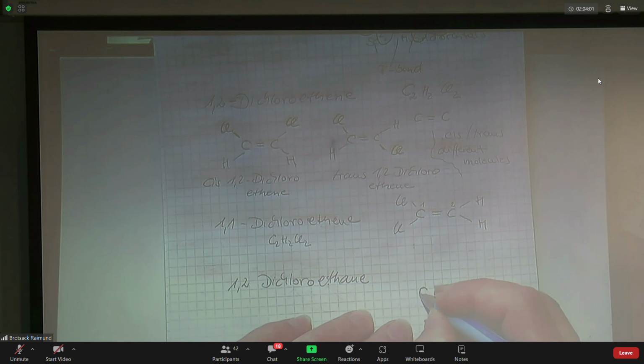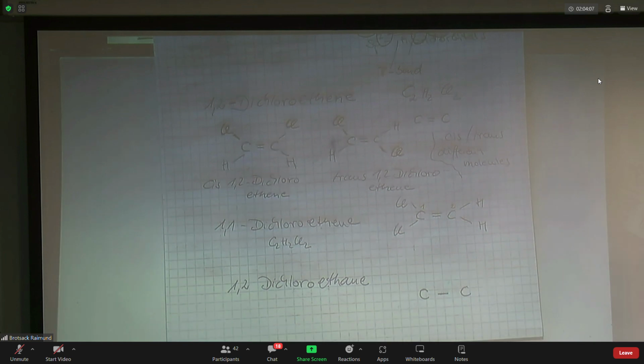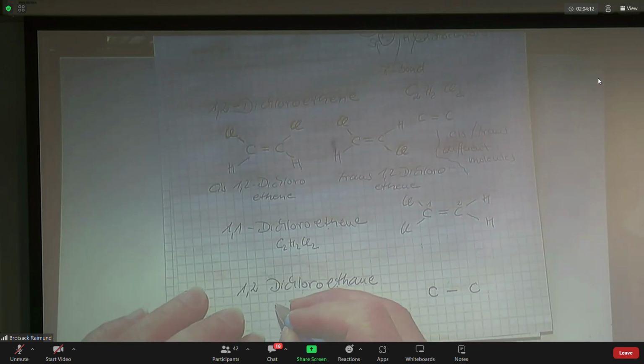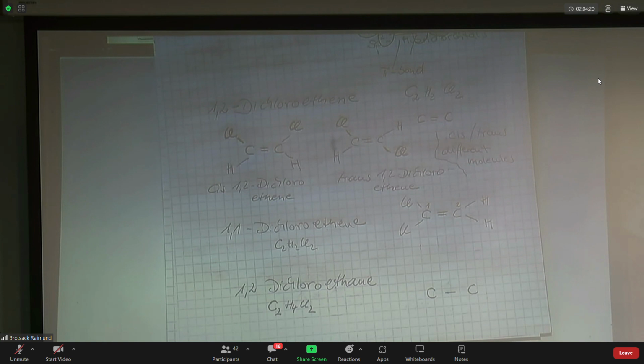So now the carbon atoms here have one bond together. The dichloro means now we have the sum formula C2H4Cl2, dichloro. And the 1,2, I'd like to talk about this one.